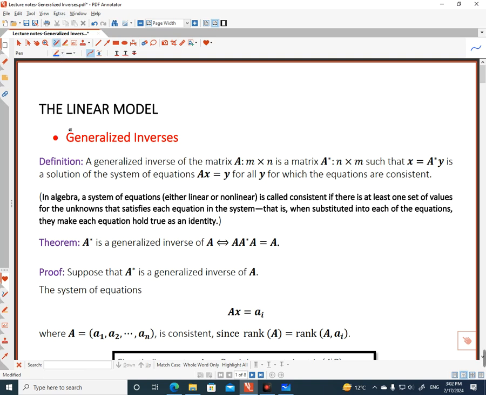Before we go to generalized inverse, it's better we recall the initial problem that we may face in linear modeling. Suppose that you have such an equation, if you remember from linear regression modeling, in which X is n by m, beta is m by 1, and consequently the response y is n by 1.